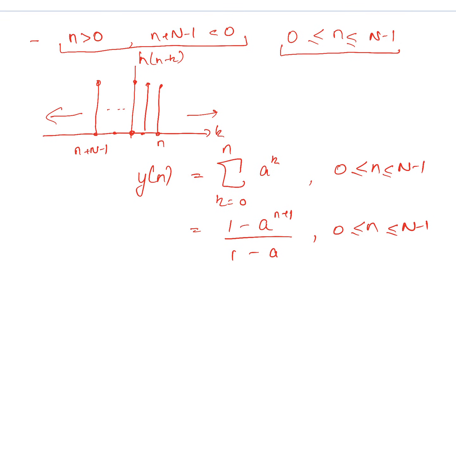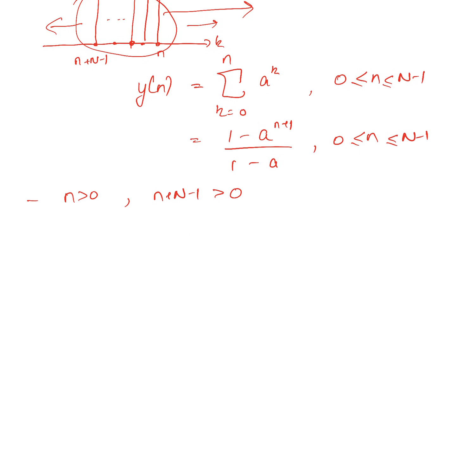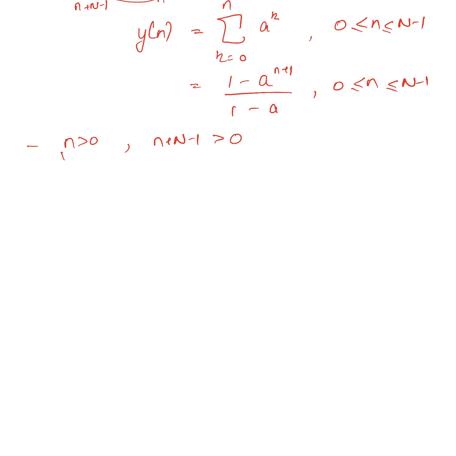So now another case, that if both these are positive, n greater than 0 and n plus n minus 1 greater than 0. What would happen? This whole thing would be shifted onto the right hand side, right? It's only the summation over which y needs to be computed that would change, and also the conditions on n, as we saw in the previous case. Now again combining these two conditions, I can write it as n greater than n minus 1.